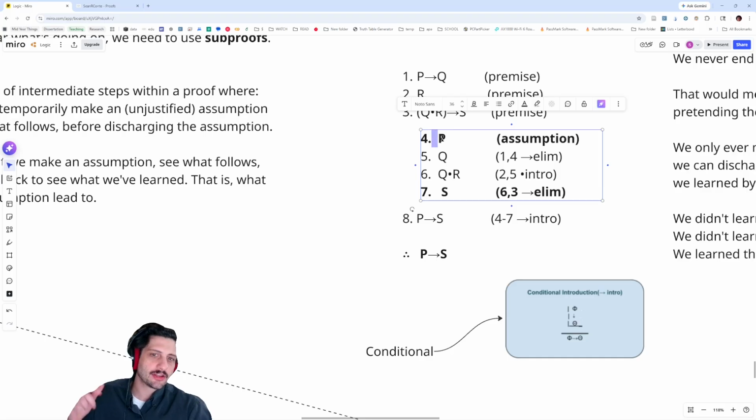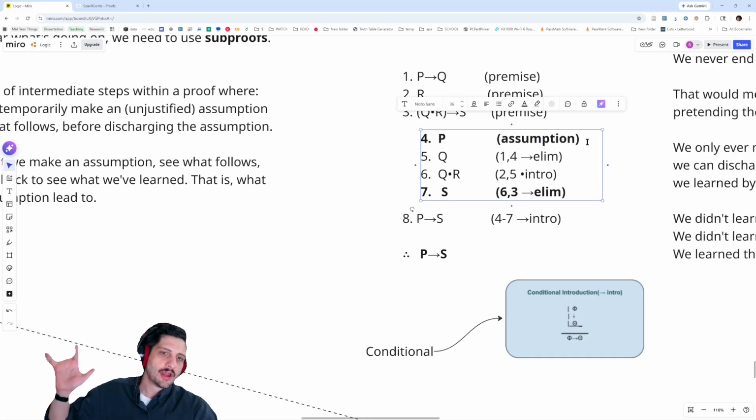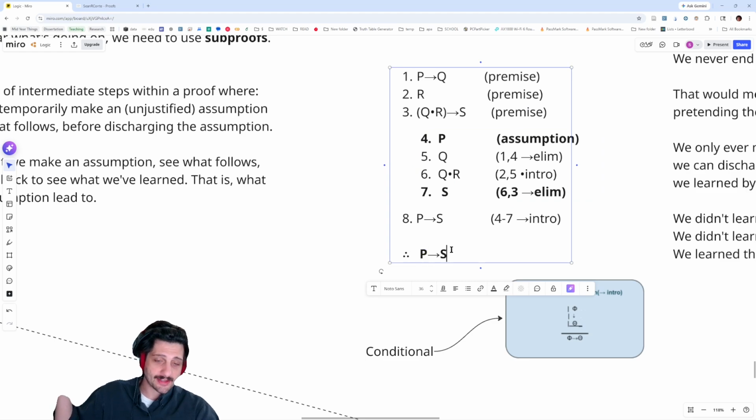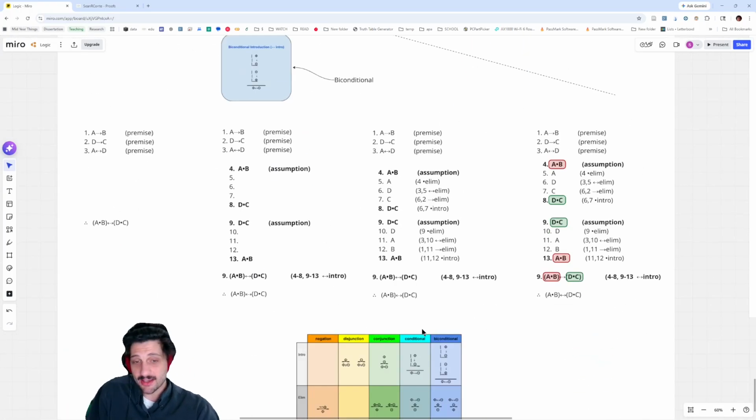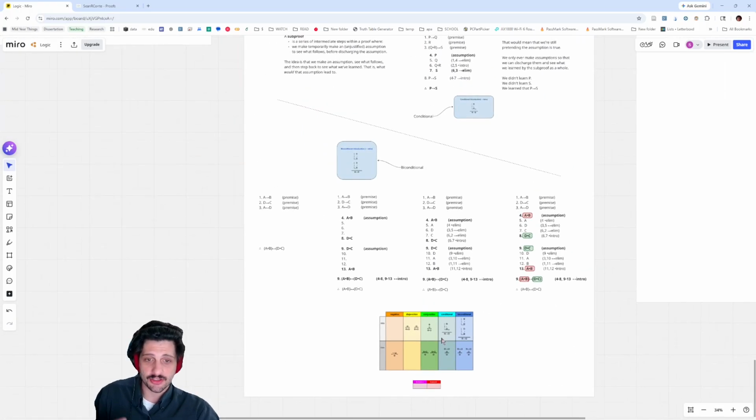I'm going to temporarily assume that this thing was true, not because I actually think it's true, but just because I'm going to demonstrate to you what consequence would happen as a result. So I don't believe either P or S is actually true. I just believe that if P were true, then S would have to be true. And again, the biconditional is just doubling up on that. If you want to show that P is true if and only if S is true, you need to show both directions.